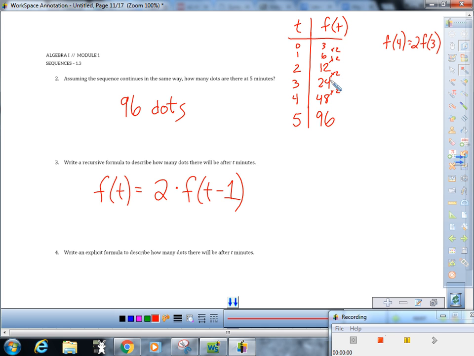Okay, write an explicit formula. Now this is going to be much harder for you. Okay, so the explicit formula is y equals f of x. So not what is it based on the last one, but what do we put in to get our answer?